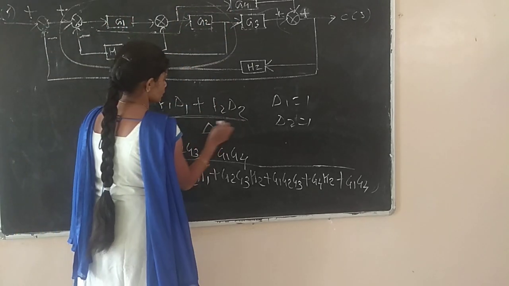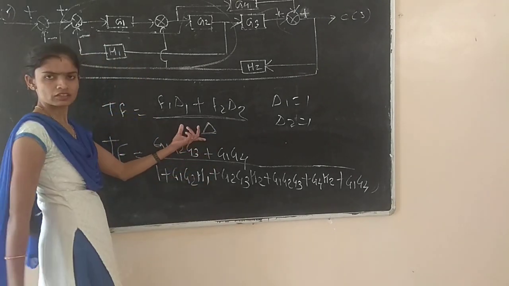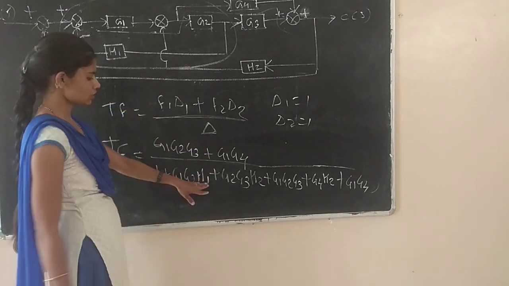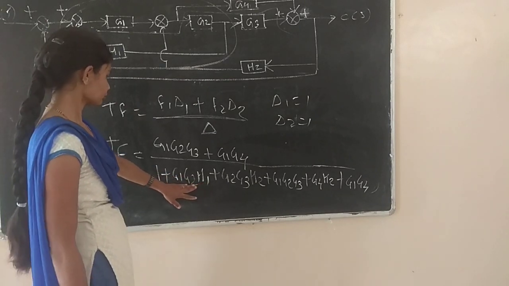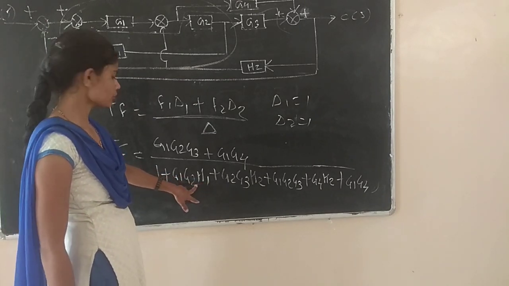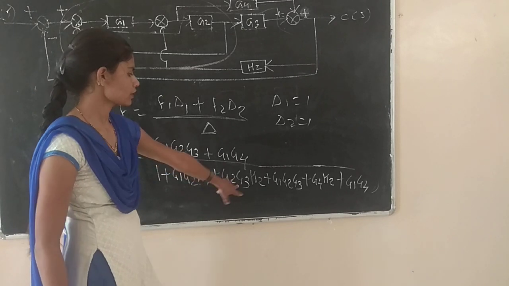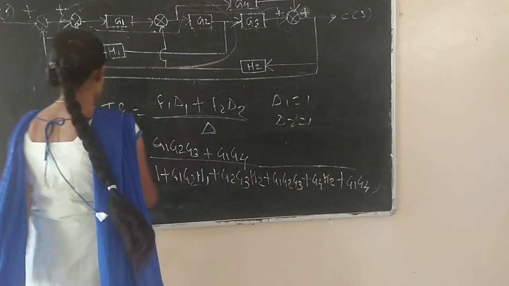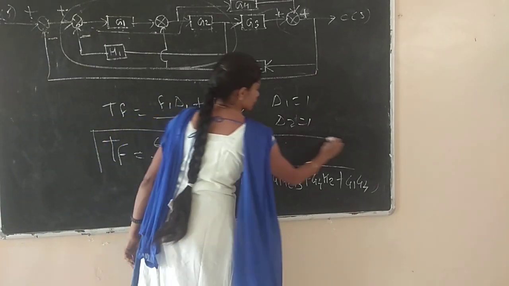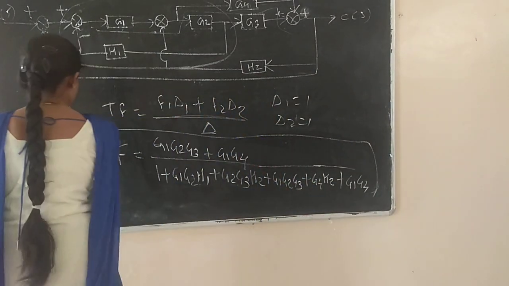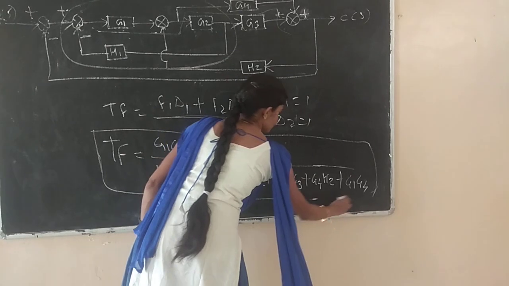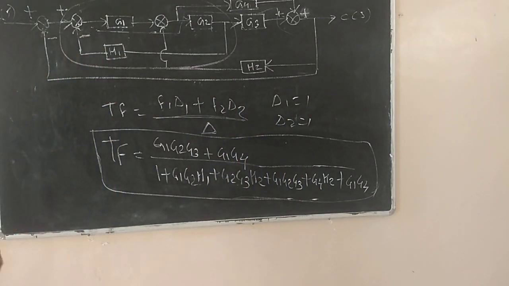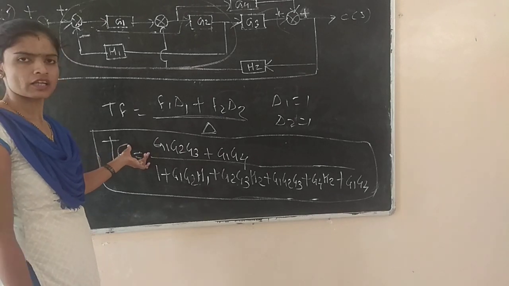Then putting the value of system determinant del. The value of del is 1 plus G1, G2, H1, then loop second, loop third, loop 4 and loop 5. This is the overall transfer function of the system by using Mason's gain formula. Okay, this is the total transfer function.